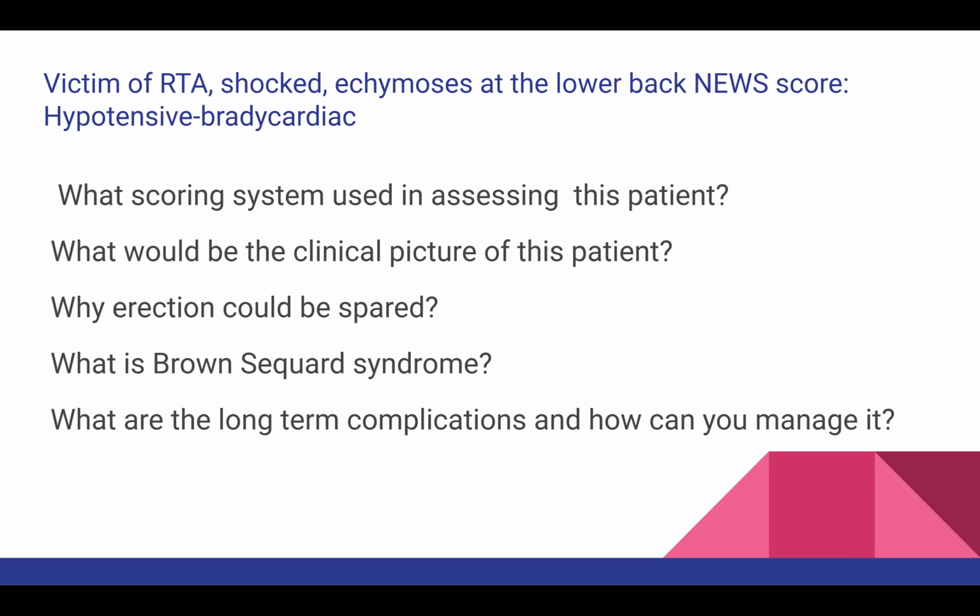The prognosis is poor compared to the other injuries in the central spinal cord injury. In anterior cord syndrome the prognosis is poor, and in Brown-Sequard syndrome the prognosis is better. In posterior cord syndrome, there will be loss of position sensation and ataxia, and there is a variable prognosis.